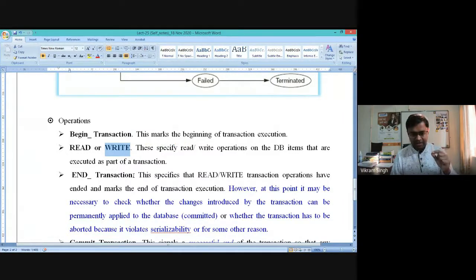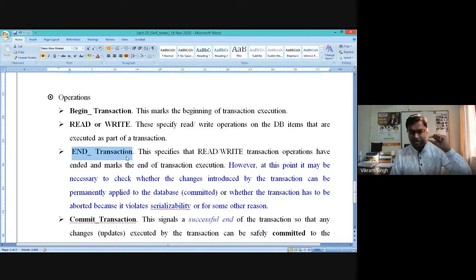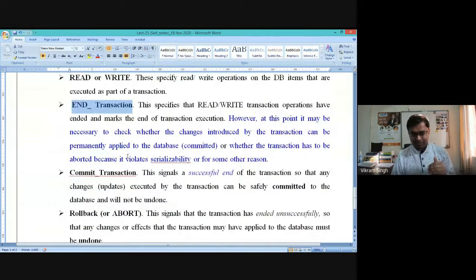The end transaction indicates that whatever task you are doing has been completed. After that, we can assume that the database transaction is in the partially committed stage. Once the transaction reaches the end transaction point, after this point, this transaction is in the state of partially committed, right?